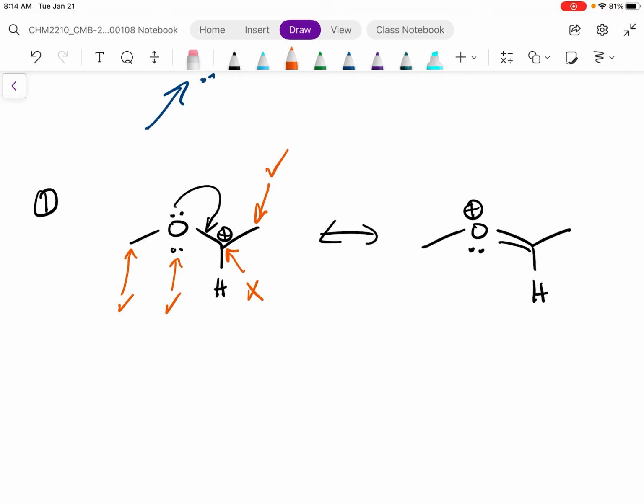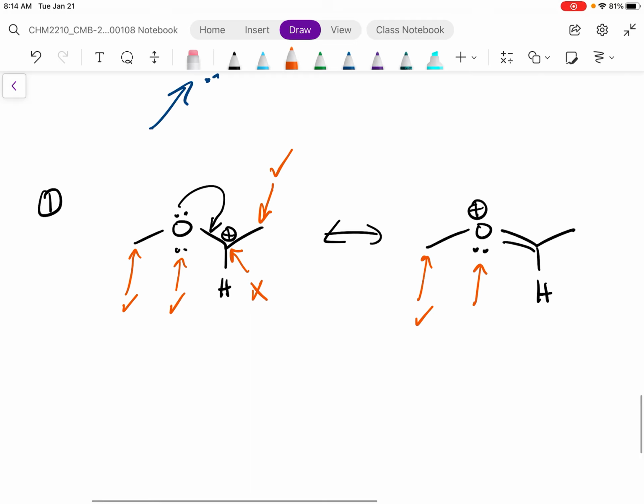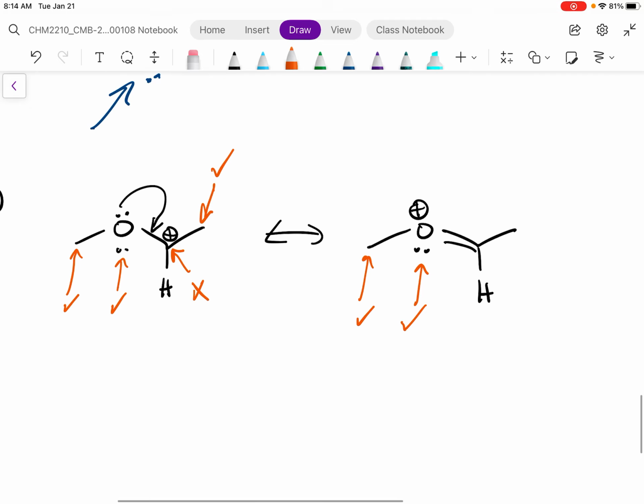Now we evaluate the other resonance structure. Does that oxygen have 8 electrons around it? Yes, it does. It has a plus charge, but it still has 8 electrons around it. And then this carbon right here has 8 electrons around it. And same with that one. So you see the molecule on the right, all the atoms have an octet.